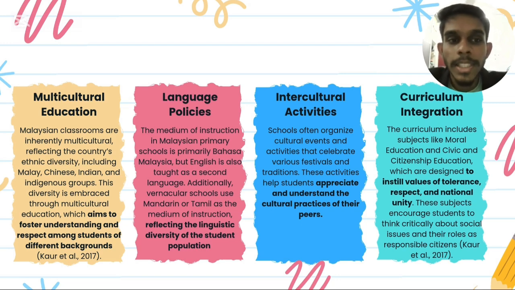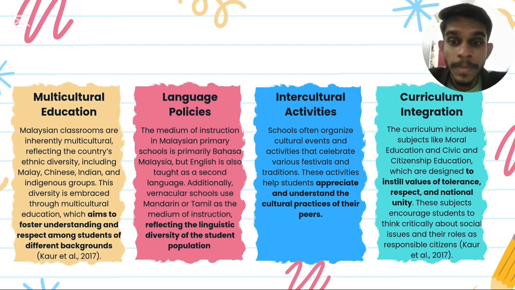The last one is curriculum integration. The curriculum includes subjects like moral education and civic and citizenship education, which are designed to instill values of tolerance, respect, and national unity. These subjects encourage students to think critically about social issues and their roles as responsible citizens.